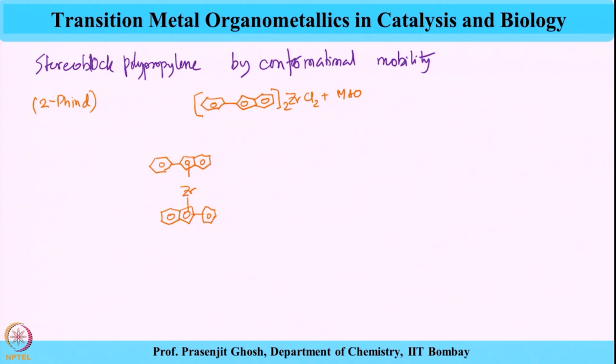Of this, in which these two phenyl moieties are in trans conformation, these would react with propylene and would give, on one side, the polymer chain and, on the other side, a vacant site.